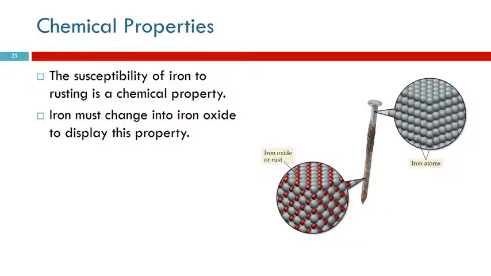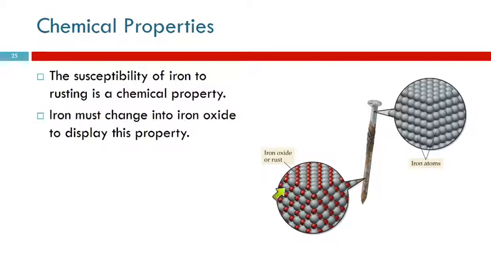Chemical property, iron rusts. Probably aware of this. Here we have an iron nail composed of iron atoms, and they're all nicely arranged, and it's got particular properties. Iron will react with oxygen, especially in the presence of a bit of moisture, to form iron oxide or rust.